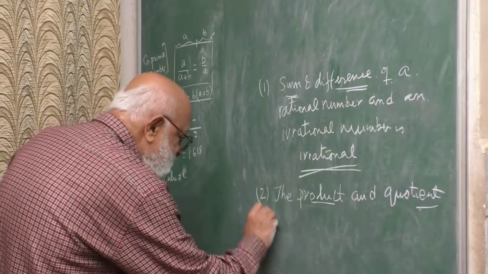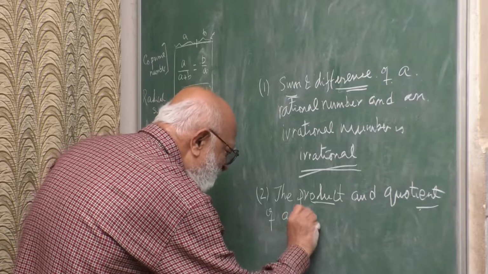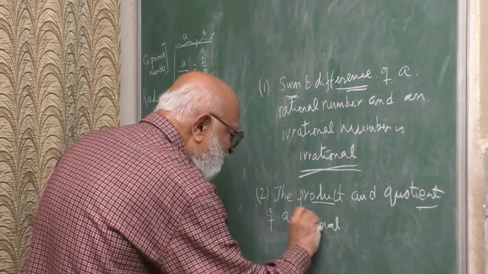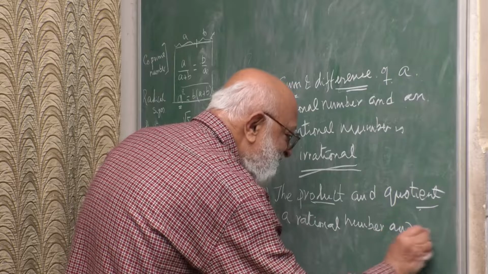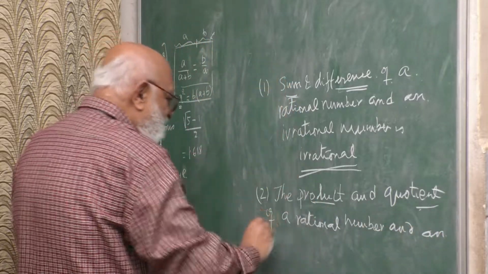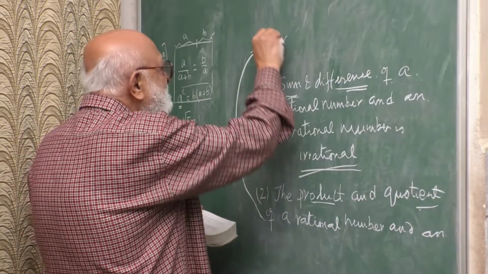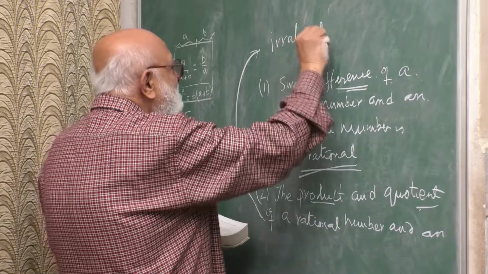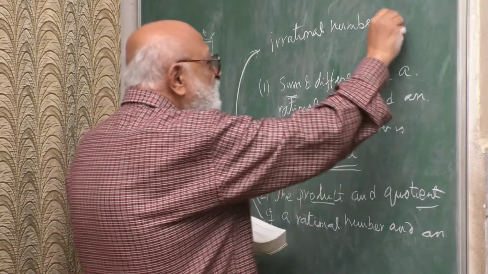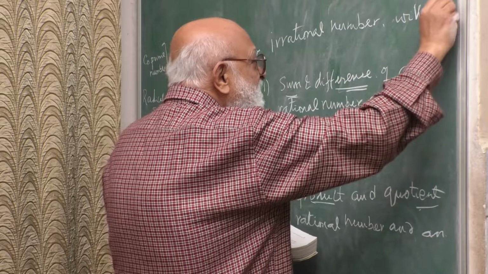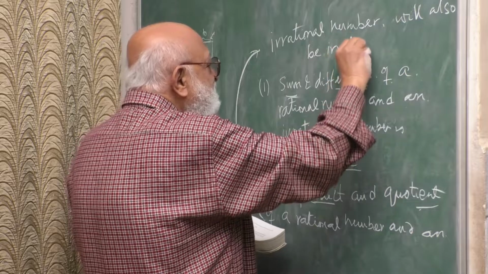Again the same repetition of a rational number and an irrational number: we have done this, and the result will also be irrational.